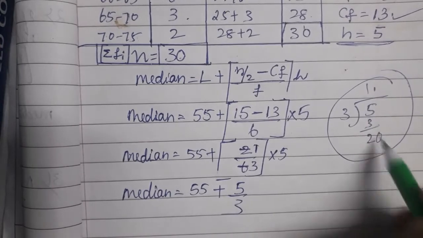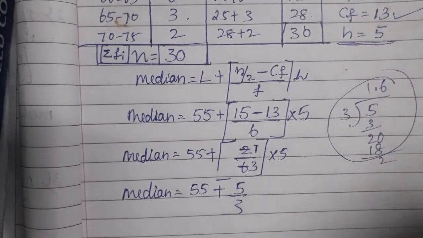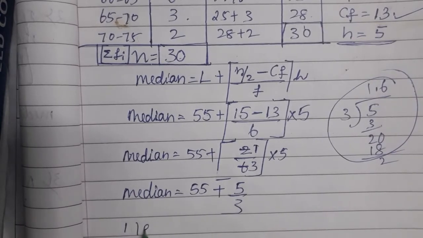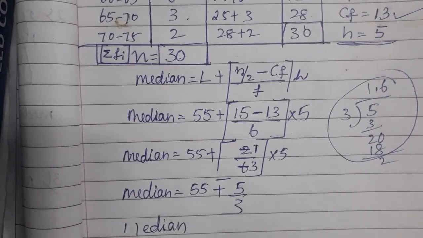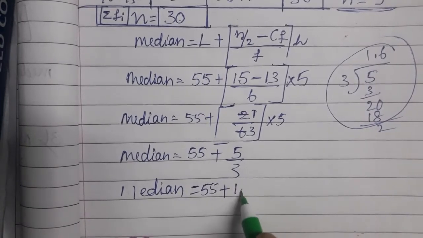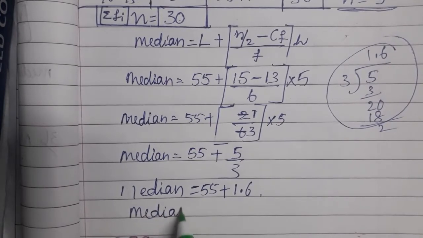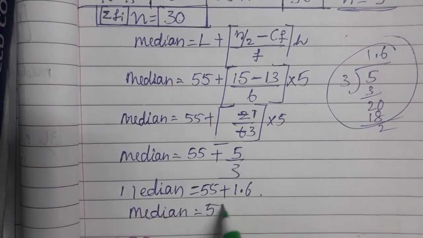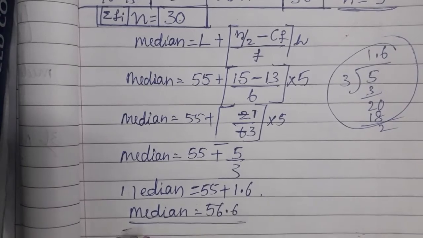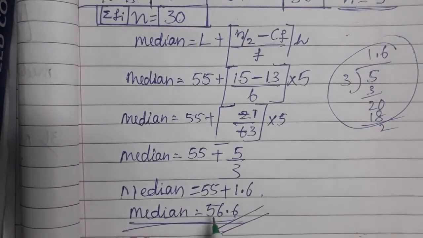Take a decimal point, you will get 0. 3 6s are 18. Again continue. So median is equal to 55 plus 1.6. So you got the answer. Median is equal to 55 plus 1.6 is 56.6. What is the median of the given frequency distribution table? 56.6.